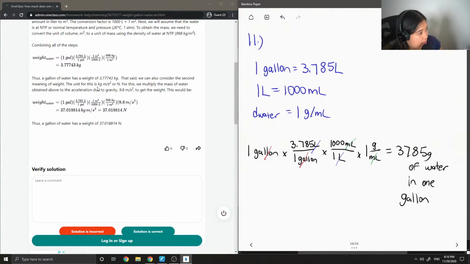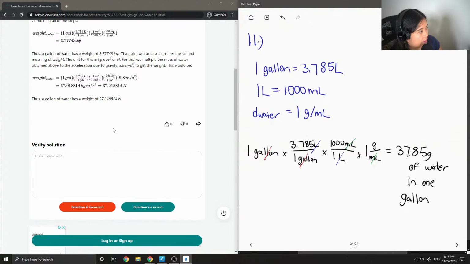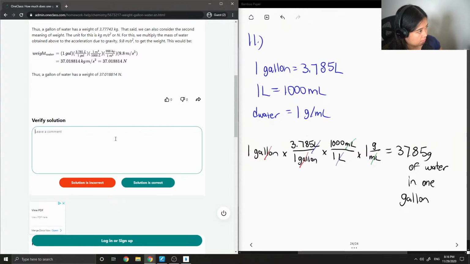The unit for this is kilograms times meters over second squared, or N. For this, we multiply the mass of water obtained above by the acceleration due to gravity, which is 9.8 meters per second squared, to get the weight. Okay, so they just multiplied by 9.8. All right. So this solution is correct.